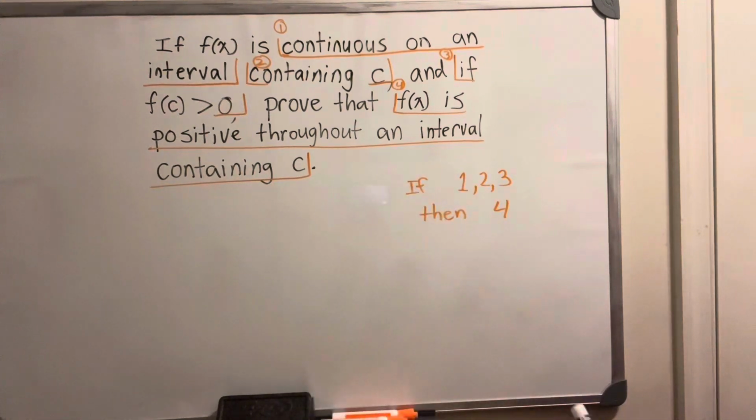So if 1, it's continuous on an open interval; 2, that open interval contains this c value; and 3, if f of c is greater than 0, then f of x is positive throughout an interval containing c.